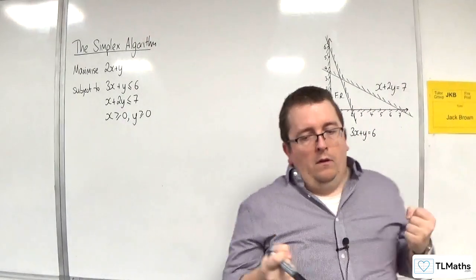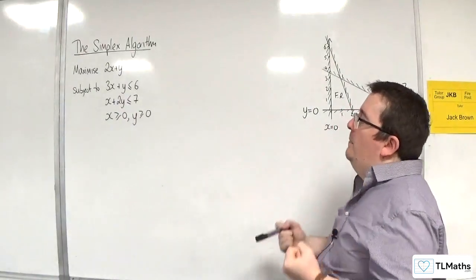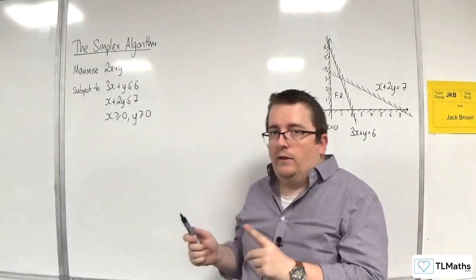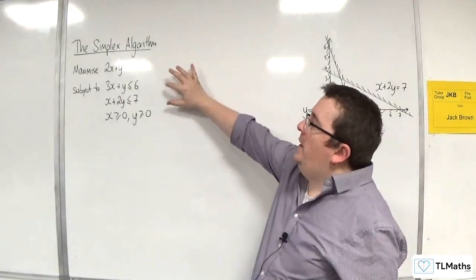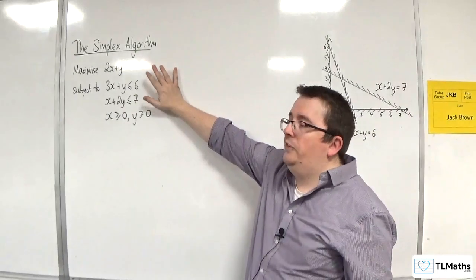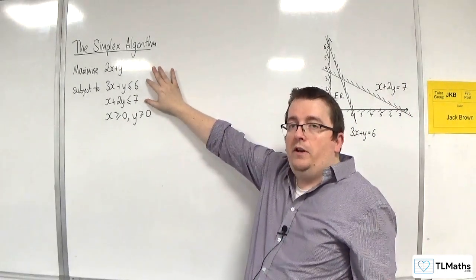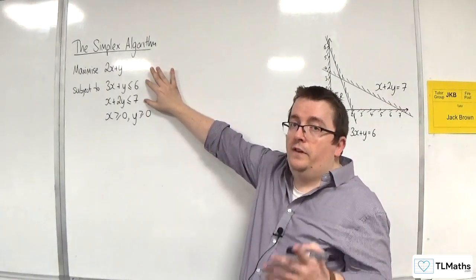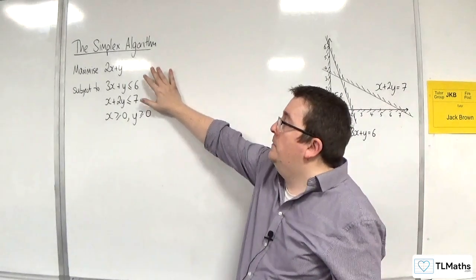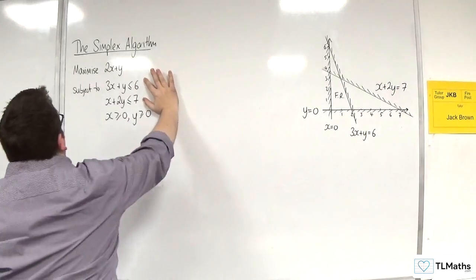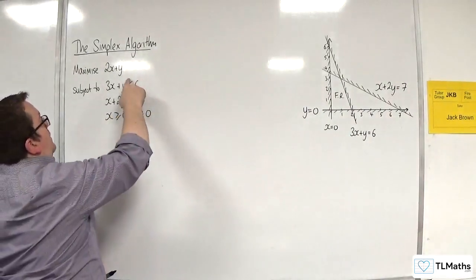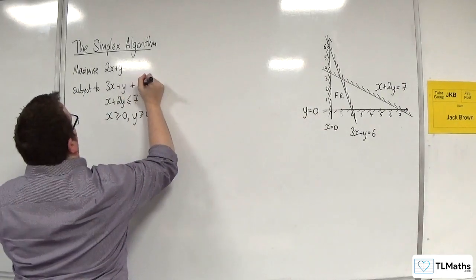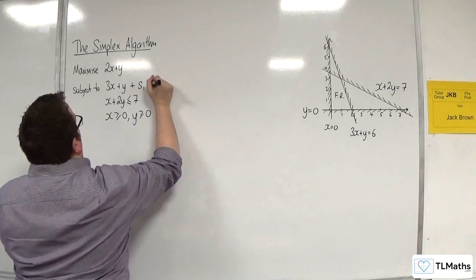Okay? So let's go through some of the steps first then. The first thing is that because we have these inequalities, less than or equal to 6, less than or equal to 7, I must turn them into equalities by adding in slack variables that I introduced in the previous video. So rather than have less than or equal to 6, I need plus S1 is equal to 6.